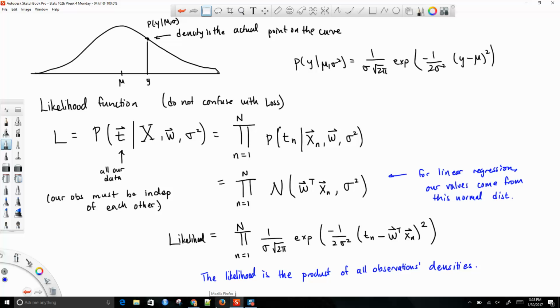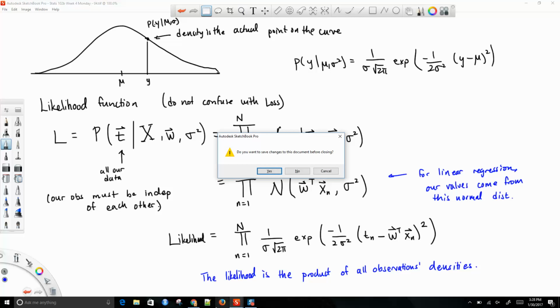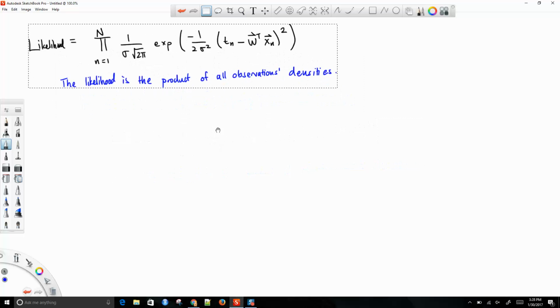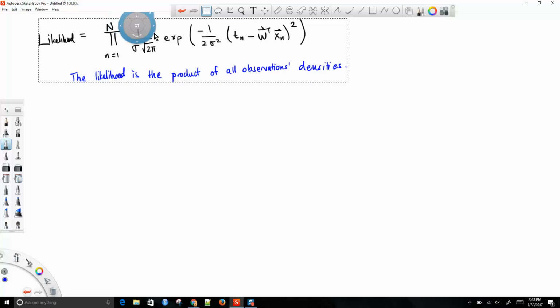Okay, can I flip to the next page? Okay, so I have all of this, and we want to maximize this function.